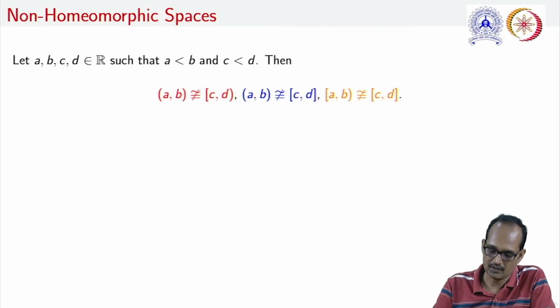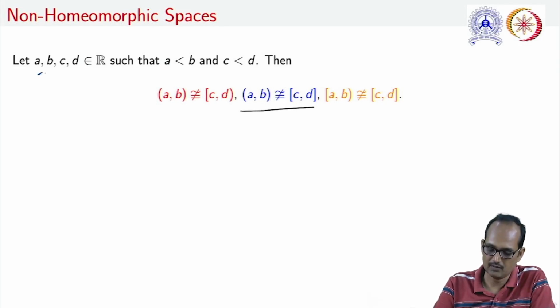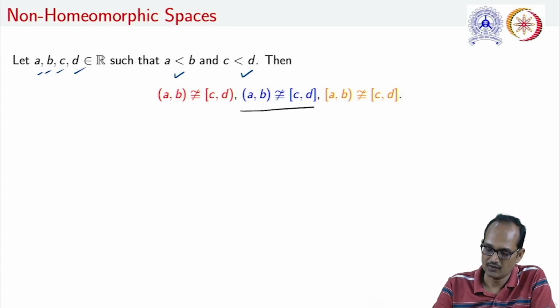We can even show that this open interval (a, b) cannot be homeomorphic to a closed interval [c, d], where a, b, c and d are real numbers with a less than b and c less than d. Similar to the previous one, that is how we have shown that this open interval (a, b) is not homeomorphic to this semi-open interval.